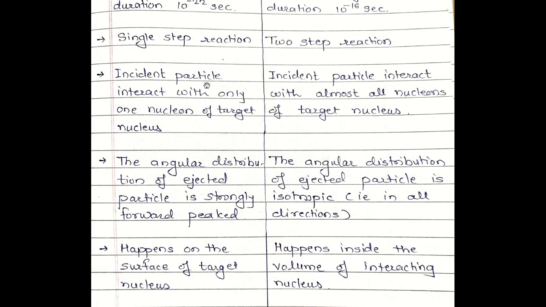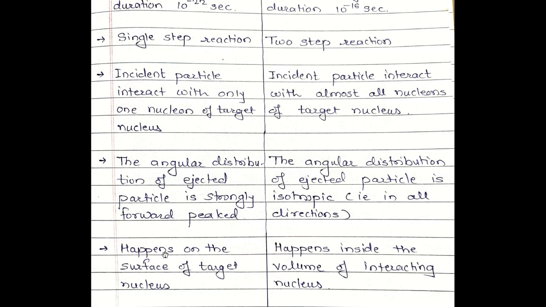In direct nuclear reaction, DNR, as I have said, the angular distribution of the ejected particle, the product particle, is strongly forward peaked, whereas in case of CNR, the angular distribution of the ejected particle is isotropic. That is, the ejected particle could travel in all possible directions, right?